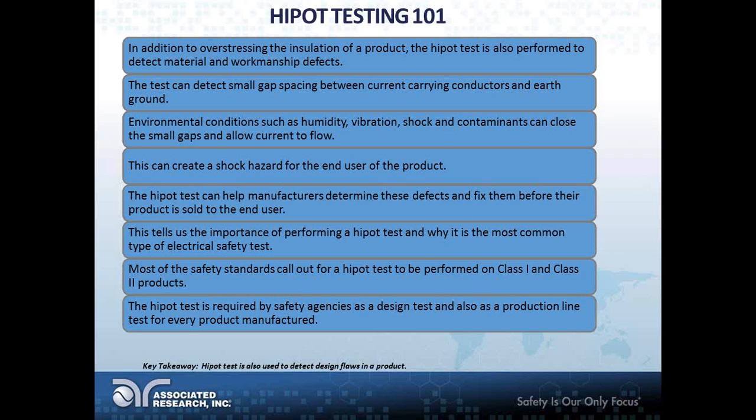The information retrieved from a design test is useful for finding potential problems with product design and development, whereas production line tests are usually required to be performed on 100% of the products leaving a facility for sale to consumers.